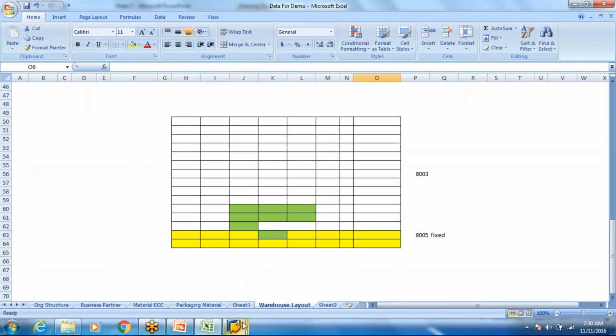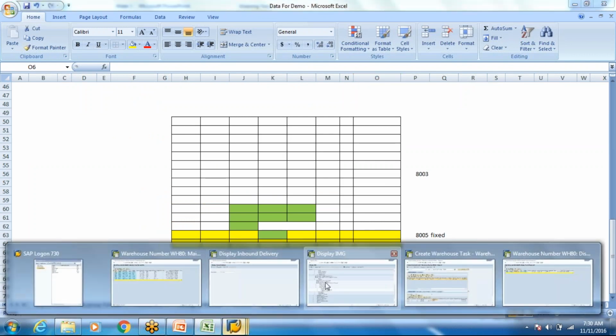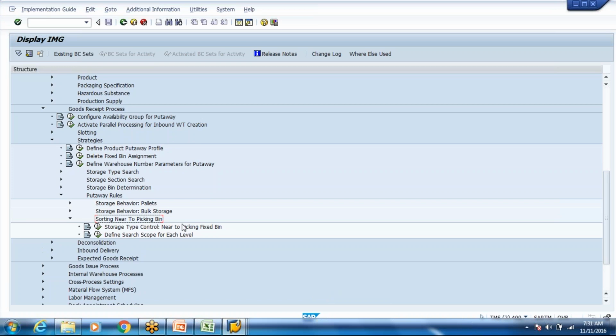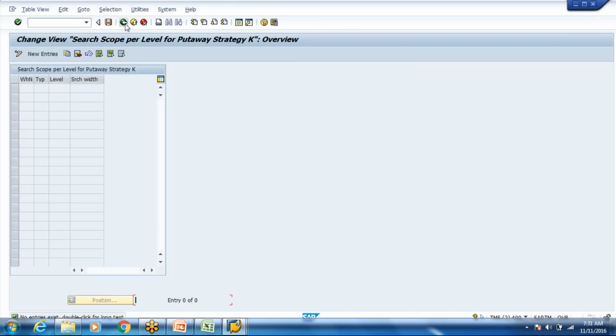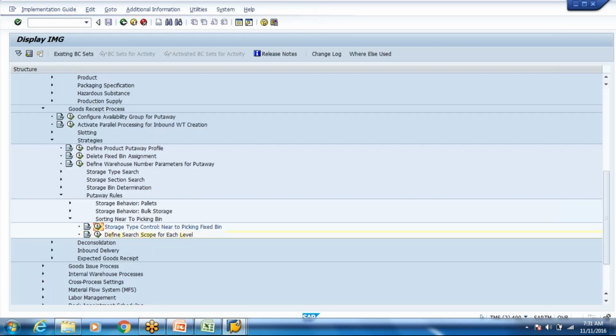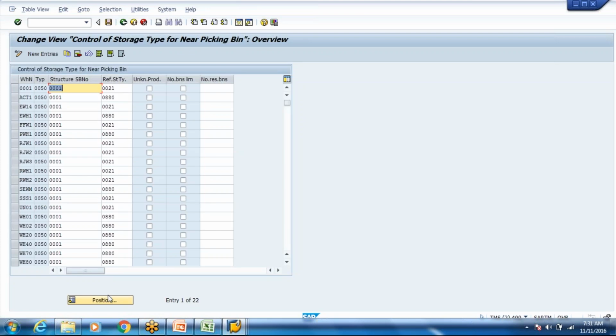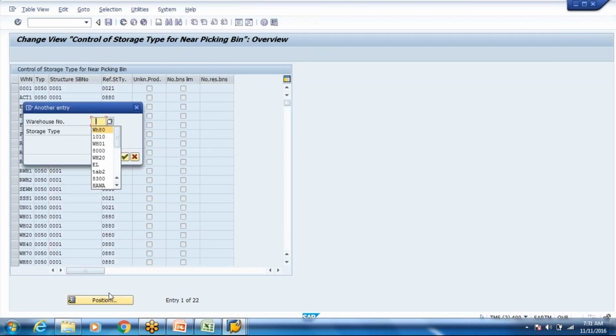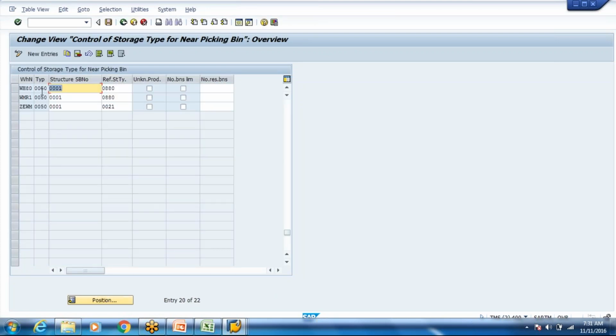Okay. So for near fixed bin, we need to see how we are going to do near fixed bin. So we say that a storage type is 8005.